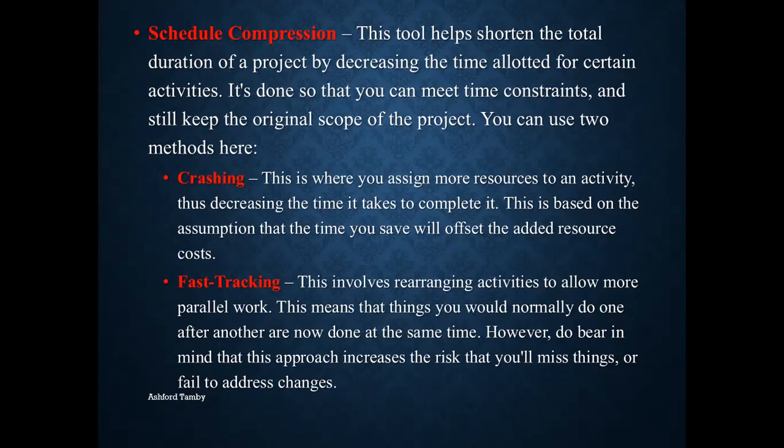And fast tracking really involves the rearranging of activities to allow more parallel work. Meaning here, when we did the schedule and when we do the network diagram shortly, you would see that what we really like is that activities occur one after the next, right? When activity A is finished, B would be completed, then C, D, and we go like that. However, sometimes if you're running behind schedule, you would try to fast track the activities.